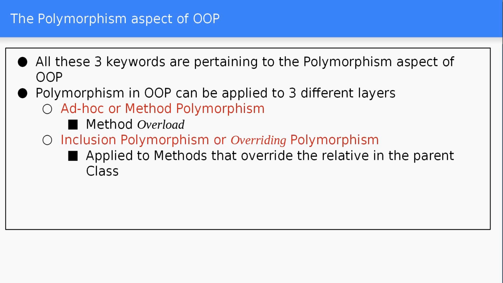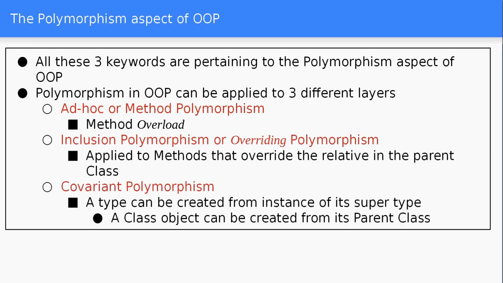So a subclass is going to use the same name and signature of a relative method in its superclass. This is also an aspect we are going to see when we are using the keywords we are now studying.